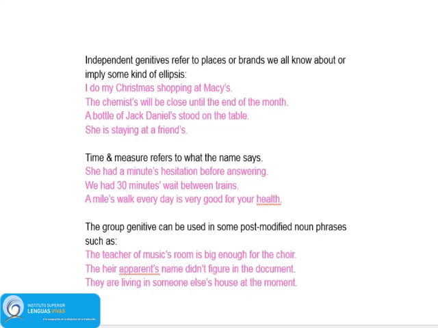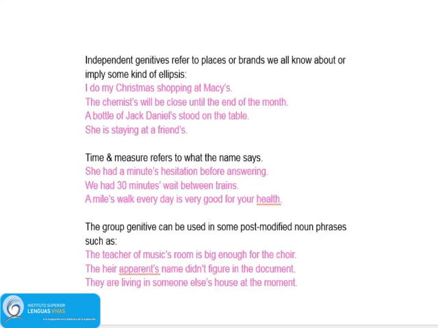Whereas in the next example, where we had "thirty minutes' wait between trains," here we have the apostrophe after the S because it is a plural noun. We are talking about thirty minutes. In the next one, where you have "a mile's walk," the same thing happens because a mile is only one, so you are going to have the apostrophe before the S at the end of the noun.